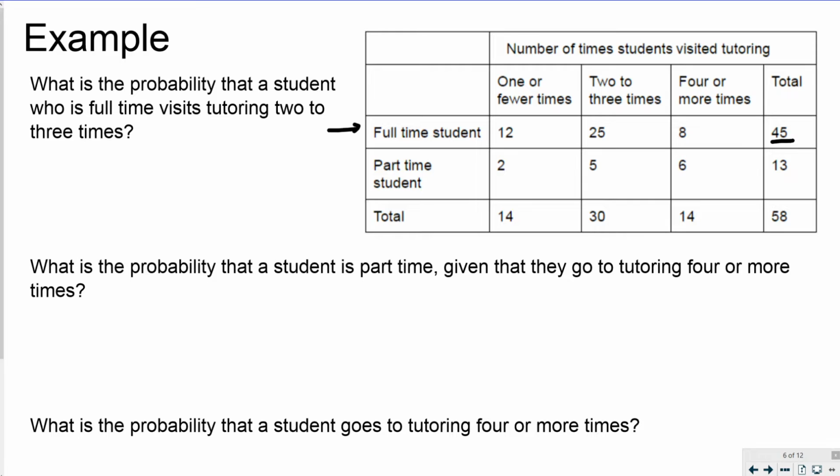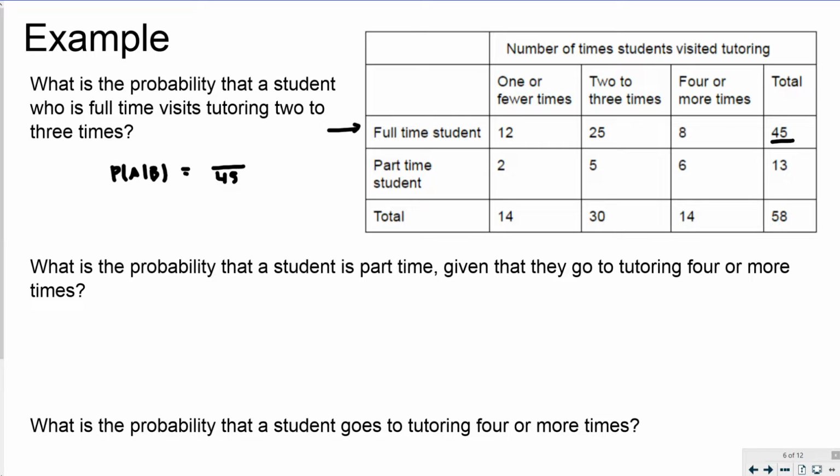That is the bottom of our fraction, 45, because they have to be full-time, so all the part-time students don't count.